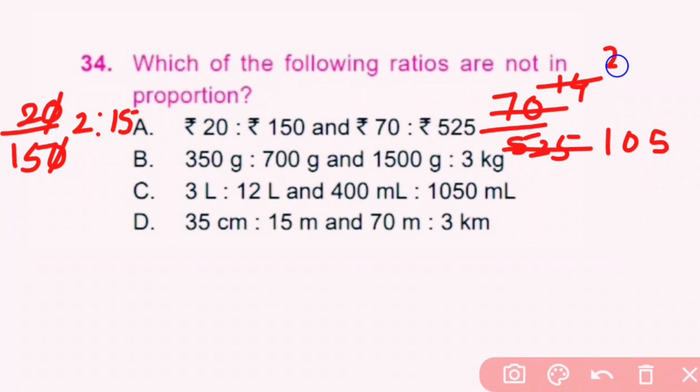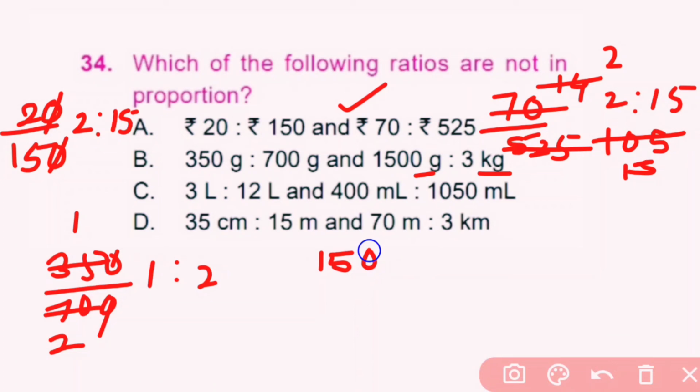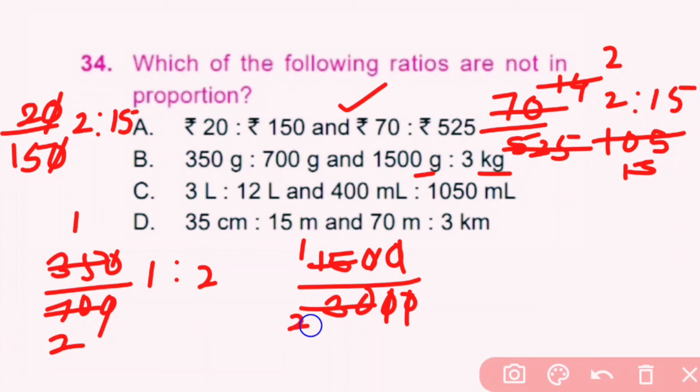Here 7 twos are 14, 7 ones are 7, and 7 fives are 35, so they are in proportion. Then option B, 350 and 700 grams. This 0 gets cancelled, 35 ones are 35, 35 twos are 70, which means 1:2. And here 3 kilograms means 3000 grams. This 0 gets cancelled, 15 ones are 15, 15 twos are 30, which means 1:2. So these are also in proportion.